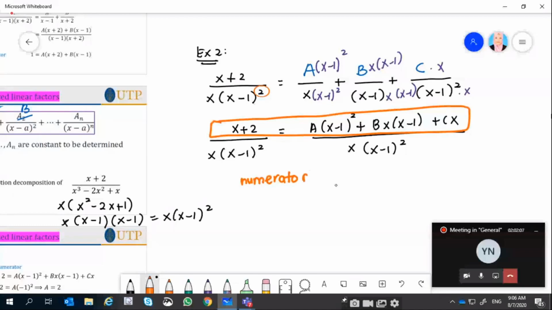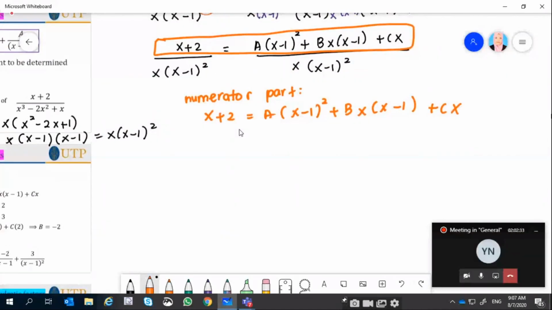I can see why it's complicated now. If the power is up until 3, yes, you have to expand. The numerator part is s plus 2 equals a times s minus 1 squared plus bs times s minus 1 plus cs. I'm going to use the first approach, which is by using the roots that I have.